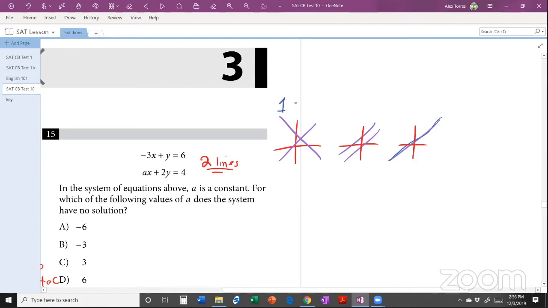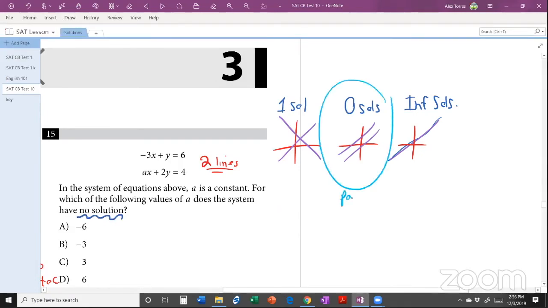So this is one solution, 0 solutions, and infinite solutions. Here they're telling us we're looking for no solution. So that's a code for us to realize that the lines are parallel. Two parallel lines will never hit, so they'll have no solution because the solution is the intersection.